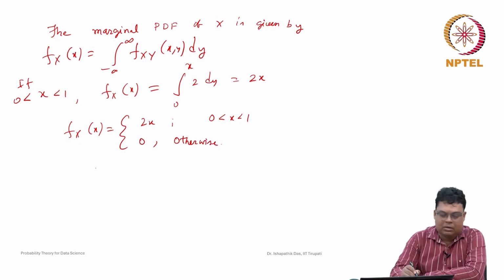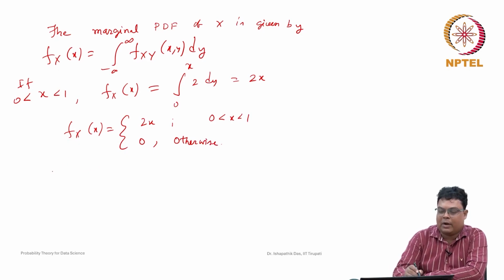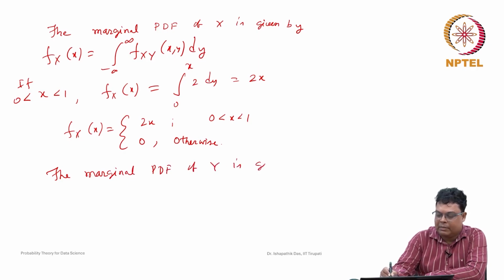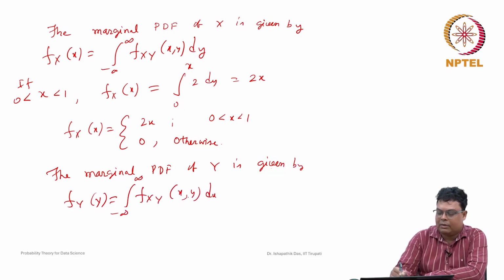Now we want to find the marginal probability density function of y also. It is given by f_Y(y), the integral from minus to plus infinity of f(x,y), and in this case we integrate with respect to x.